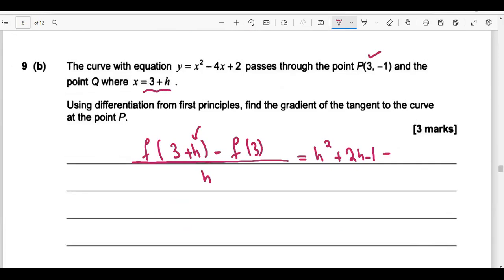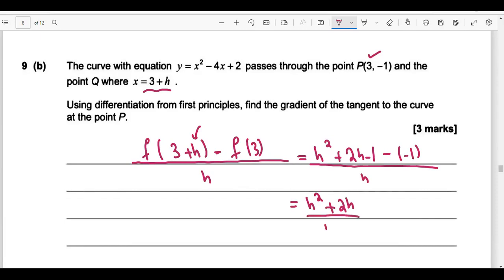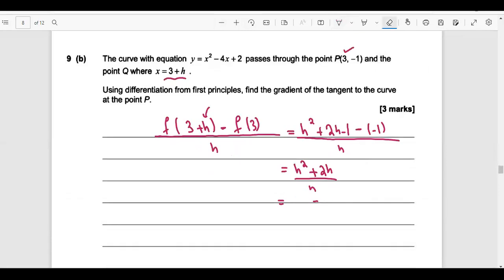Yes. So minus into minus 1 divided by h, and that would give me h squared plus 2h minus into minus 1 would be 0, divided by h. Let's simplify this. H squared by h would give me h only, plus 2. In this method we use the approximation that h is approximately 0.